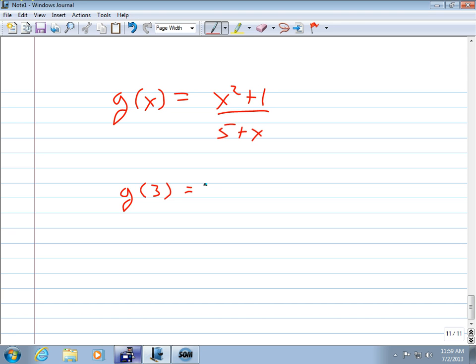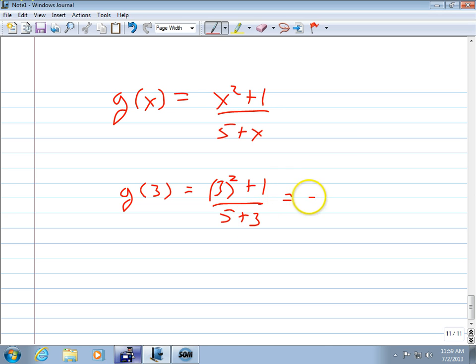First of all, g of 3 itself is like a y value. It's an output. How do you calculate the y value? What do you do with the 3? Plug it into the x, right. So 3 is an x value. G of 3 is a y value, if you want to think of it that way. So plug in 3. You get 3 squared plus 1 over 5 plus 3.